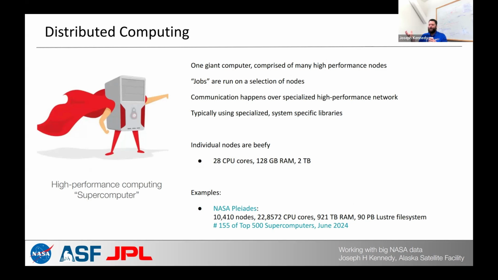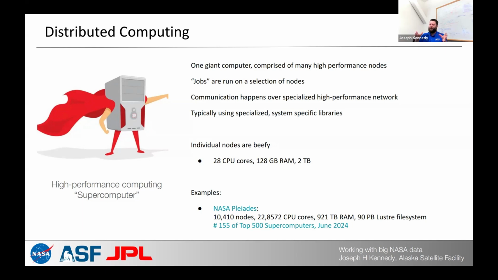Whereas when you're talking about high performance computing or supercomputing, you've got effectively one giant computer. It is comprised of many nodes, but those nodes are high performance nodes, hooked together over specialized high performance networks using InfiniBand, with mounted Lustre file systems that are shared and super high performance.